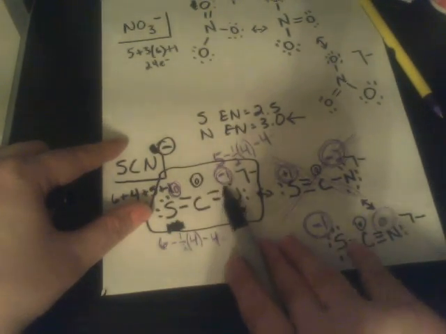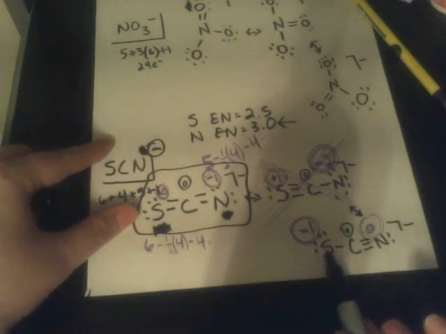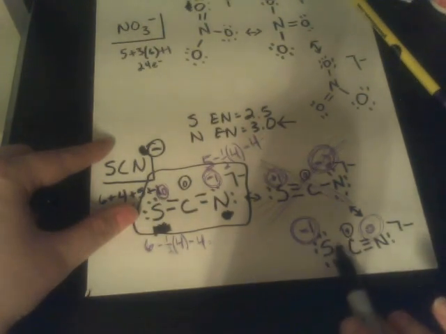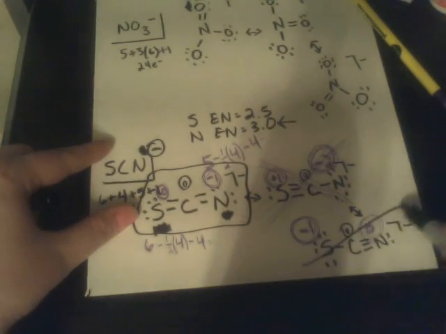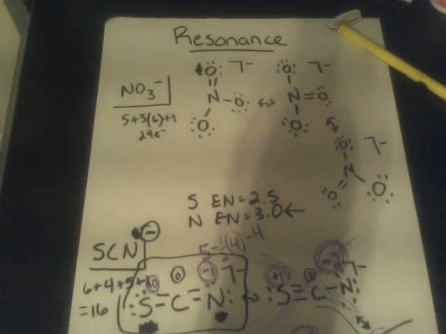Everything else is neutral. Over here, is this structure okay? Yeah, it's all right, but is it the most stable? No. The negative charge would most prefer to be on the most electronegative element, and in this situation, it's not. So that's tied to your quiz very closely. All right, so that's it for resonance. Thanks, guys.